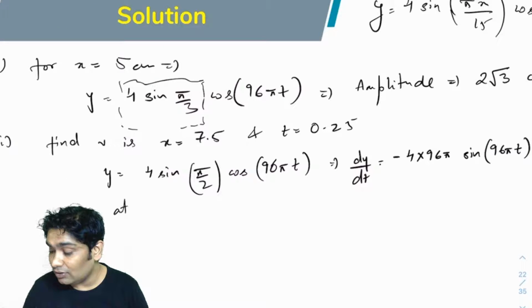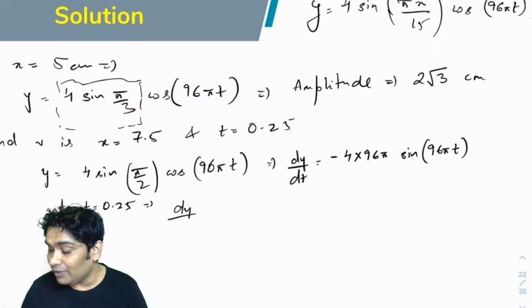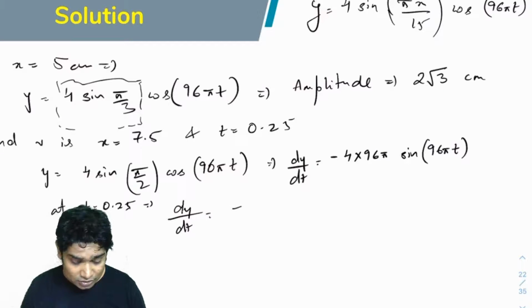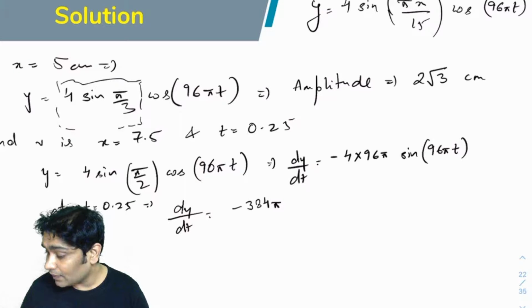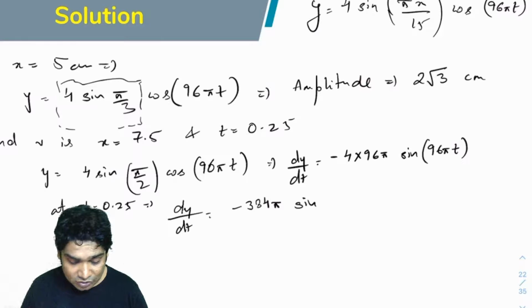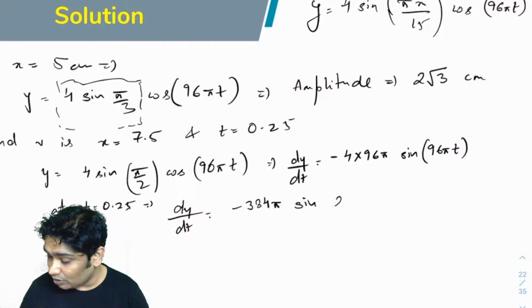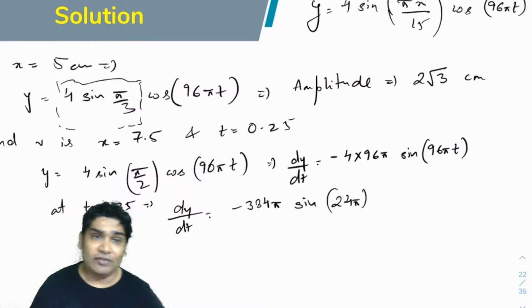At t equals 0.25, dy by dt would be minus 4 into 96 pi, which is 384 pi, into sine of 96 over 4, which is 24 pi. Sine of 24 pi obviously will be 1.